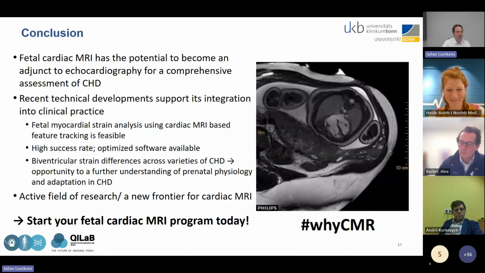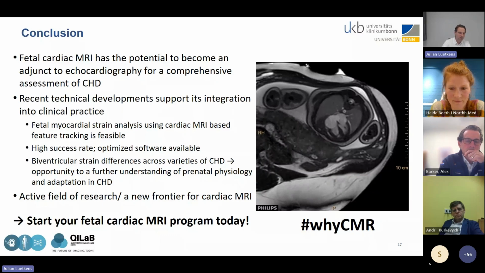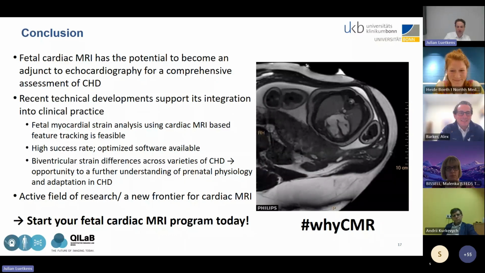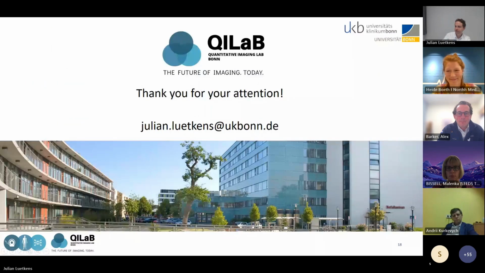There's also some optimized software already available. We also could show that biventricular strain differences are present across a variety of congenital heart disease. And it's an active field of research. Overall, fetal cardiac MRI might be a new frontier for cardiac MRI, and I want to encourage everybody to start their fetal cardiac MRI program today. So thank you very much.